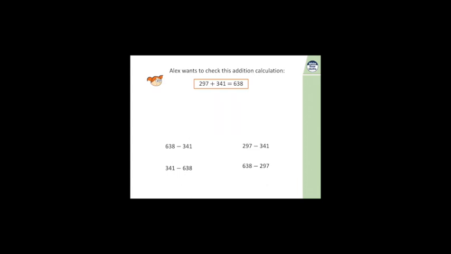Okay, let's continue. We have two parts, 297 and 341. We have our whole, 638. Part and a part makes a whole. There's our bar model. 297 on the left, 341 on the right. 638 on top as our whole.